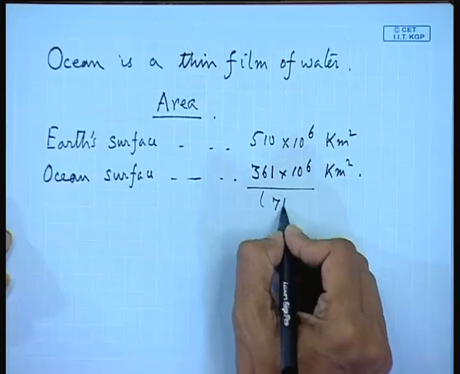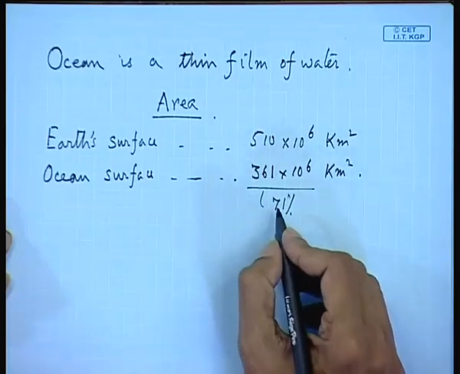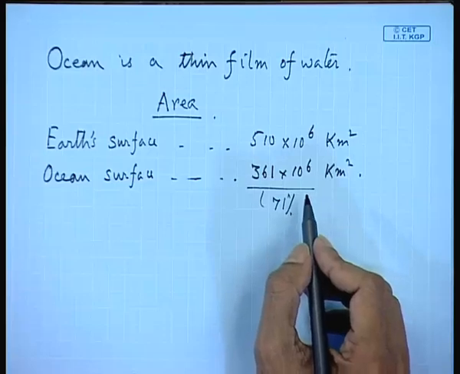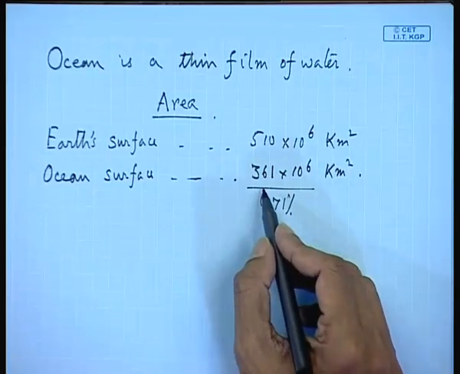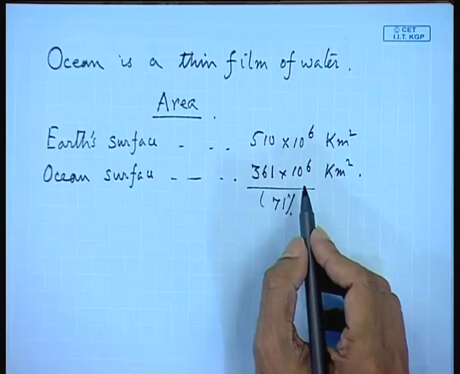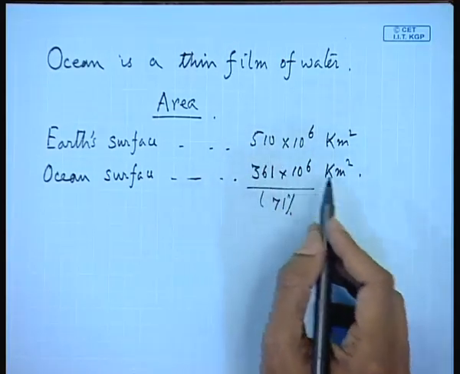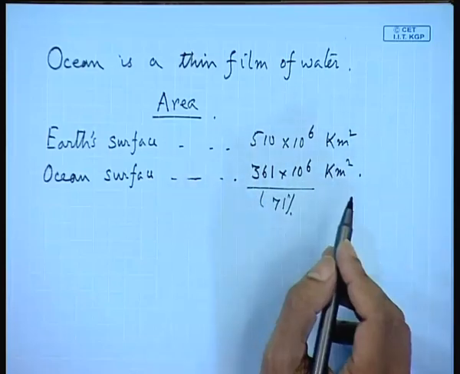So, this is 71% of the total Earth's surface. 71% of 510 will give us somewhere near this 361 figure.